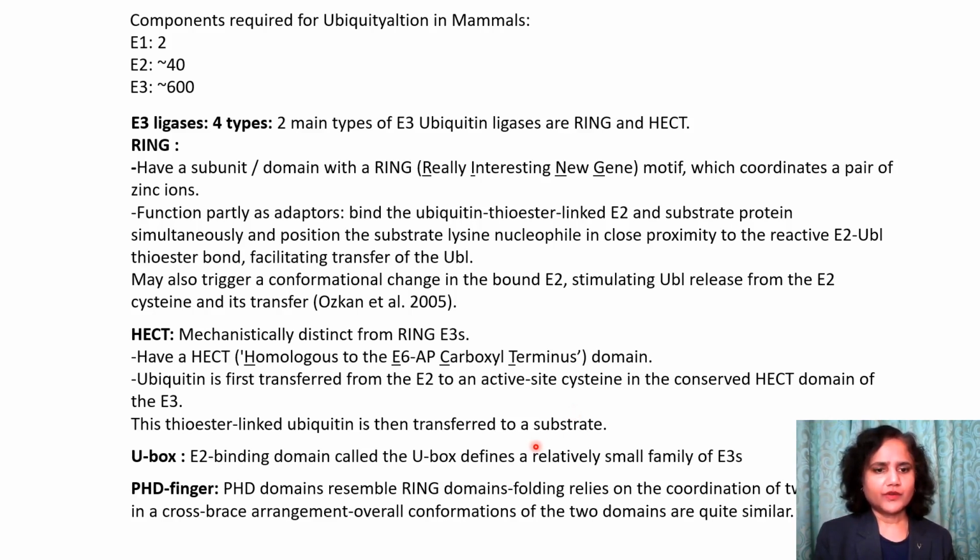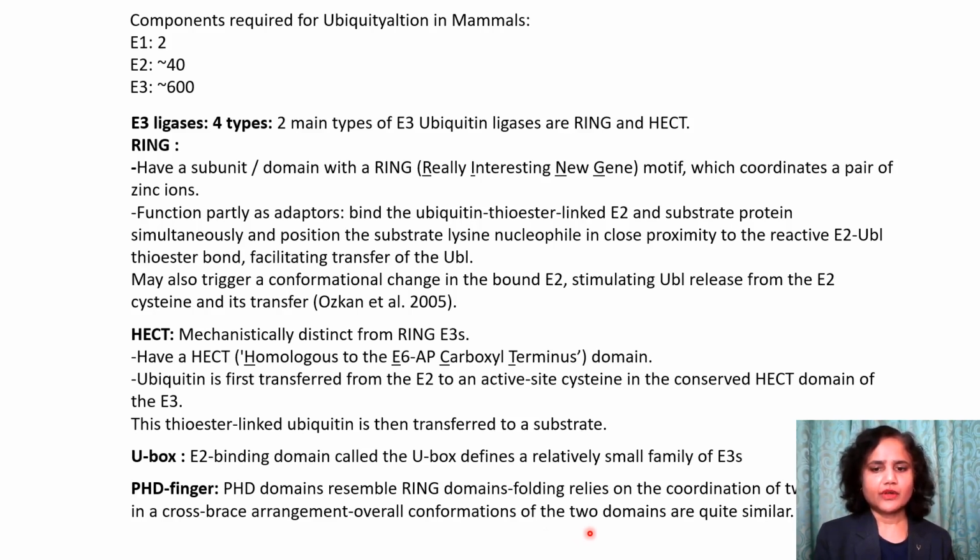Now the U-box family has this E2 binding domain. It's a particular type of domain referred to as the U-box. It's a relatively small family of E3 ligases. And the PHD finger domains resemble the RING domains. Here also the folding relies on coordination of 2 zinc ions in a cross-brace arrangement.